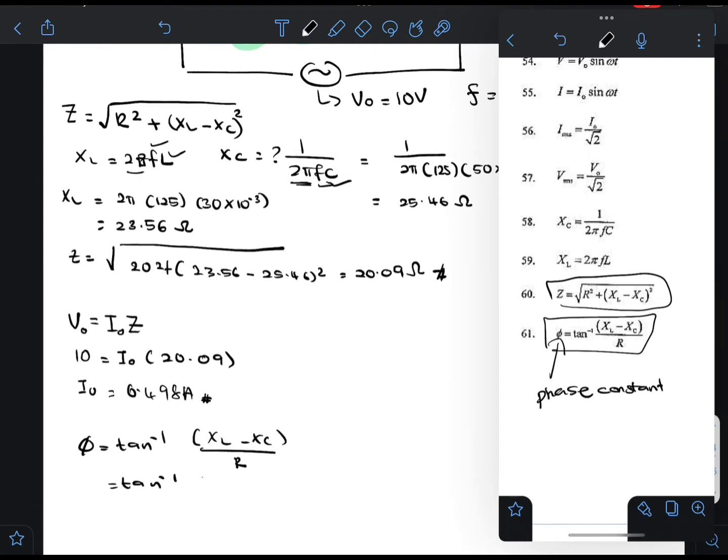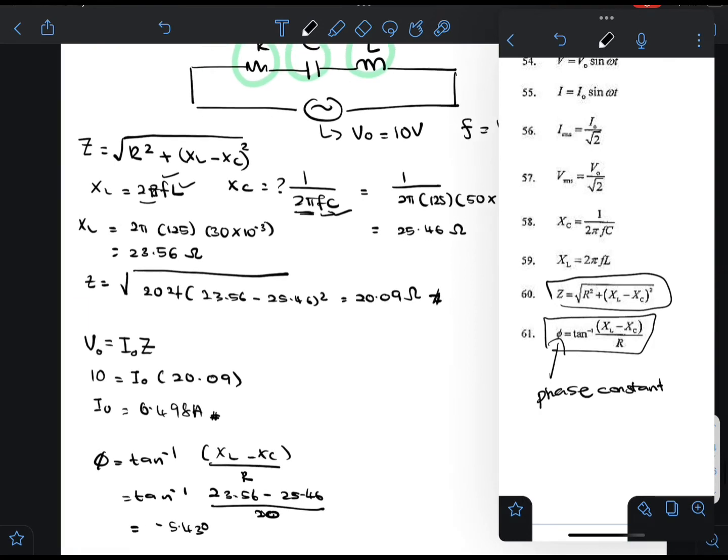You can simply substitute all the values here. 23.56 minus 25.46 divide by R kita adalah 20. And then you do your maths, you will get your answer such as negative 5.43 degree. So this is the phase constant.